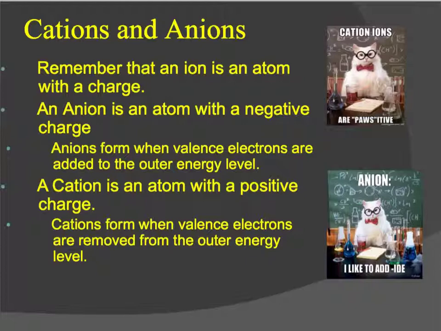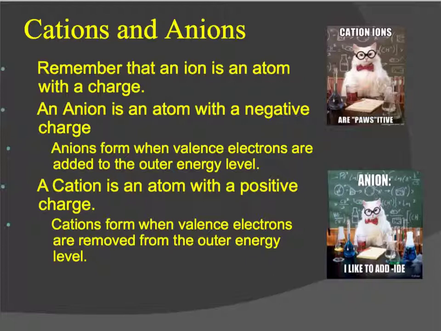Remember when we learned this before, we kind of talked about how it's backwards. When you add electrons, that gives it a negative charge. And we said the reason was because electrons have a negative charge. So it's like saying, I'm adding -1, which gives you an overall negative charge. So anions gain electrons and have a negative charge.